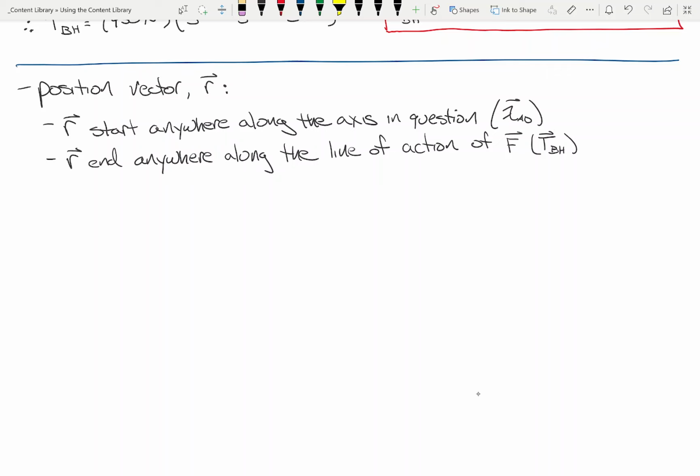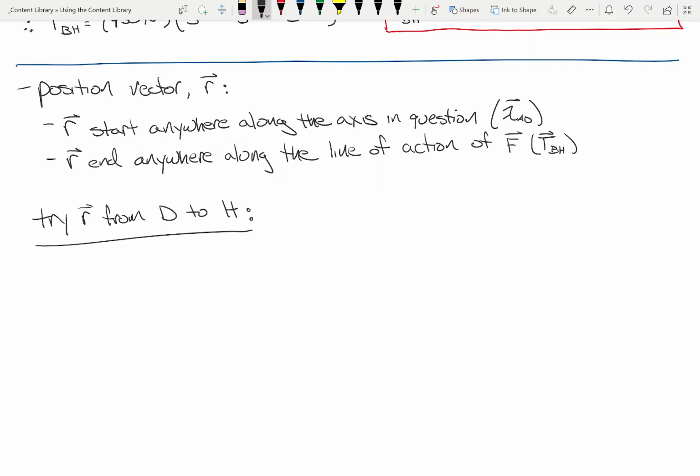So let's just try R from D to H. Again, it's got to start here and end here.